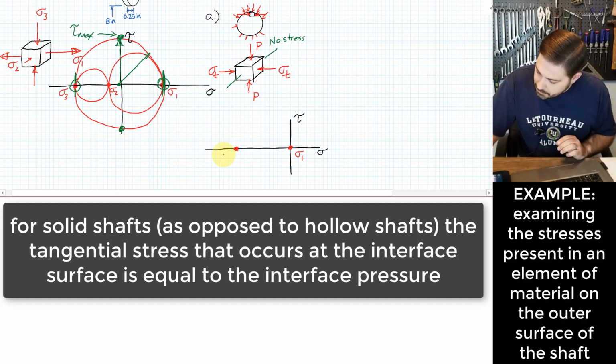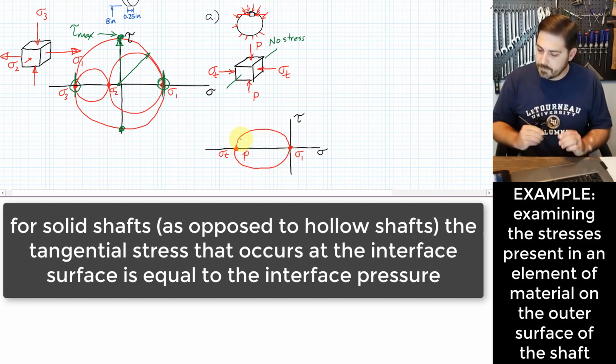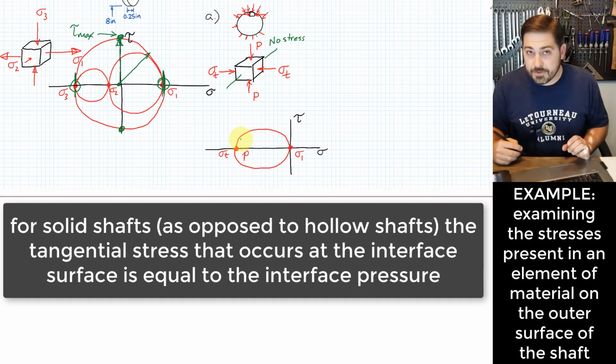This point right here represents both my tangential stress as well as my pressure, right? And our circle is going to exist right there.